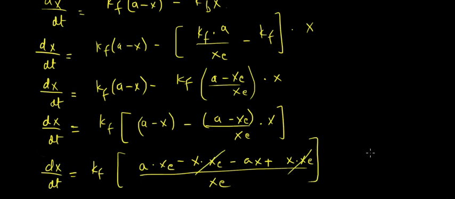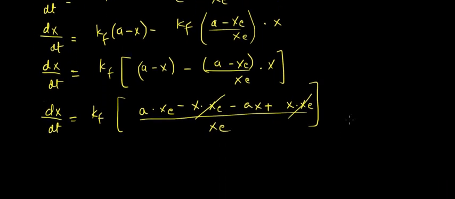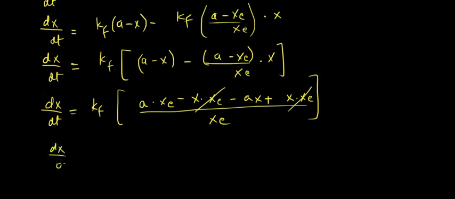Xe and xe get cancelled out, so we would be getting dx by dt as kf times, now from these two a can be taken as a common factor and xe is also a denominator for this bracket, so we would be getting this as xe minus x.